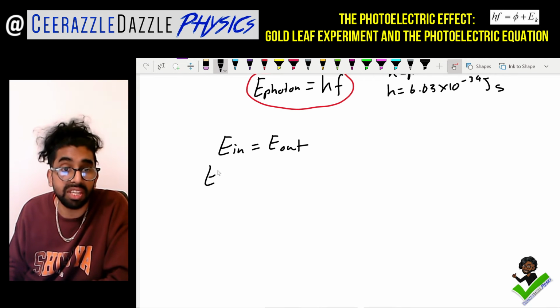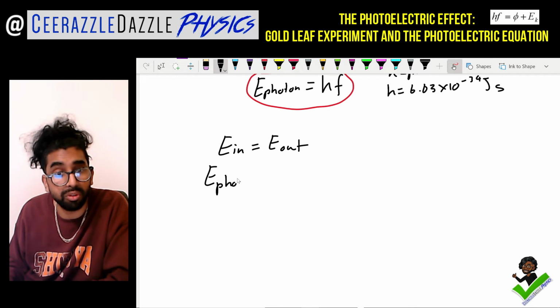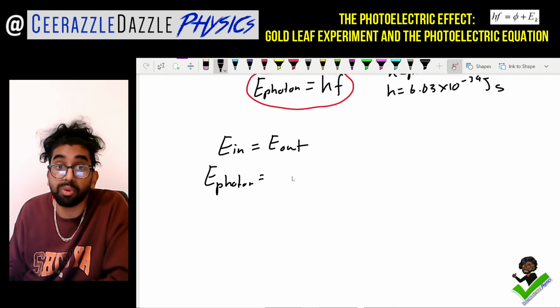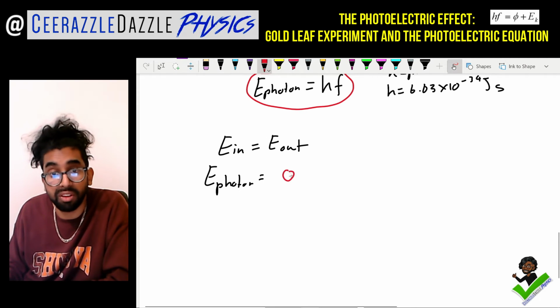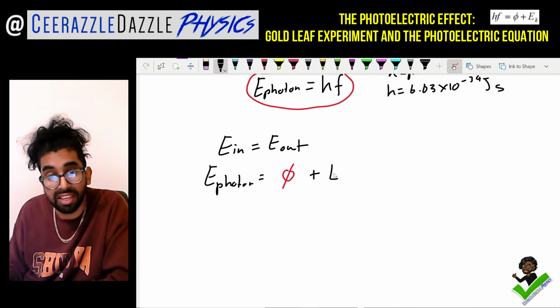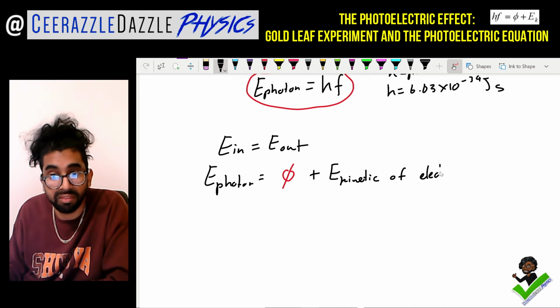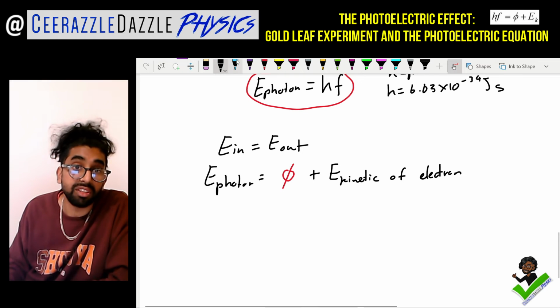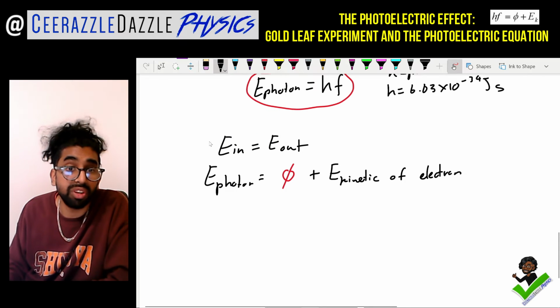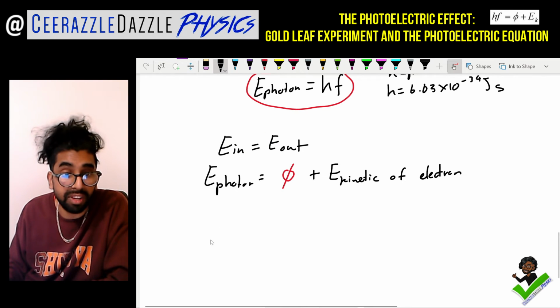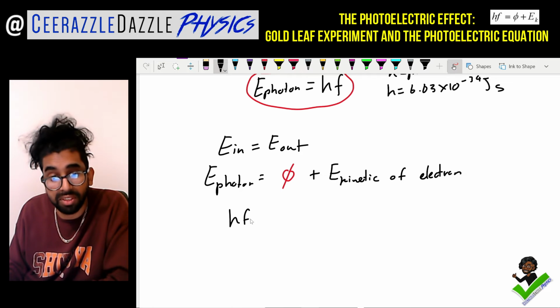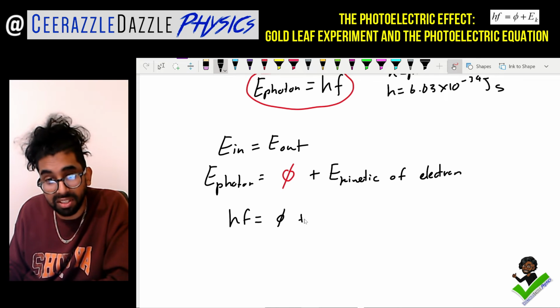The energy comes in via the energy of a photon, and the energy coming out is a combination of the work function phi plus the kinetic energy, E kinetic, of the electron liberated. The energy of a photon we can rewrite as hf, so hf is equal to phi plus E kinetic.